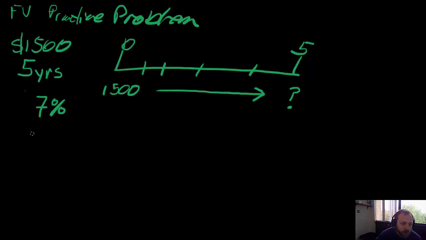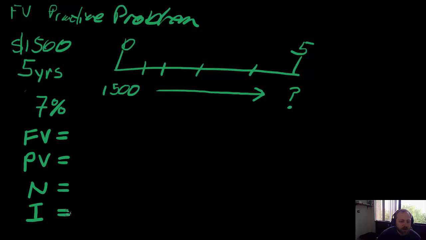What I like to do, almost every time, is come up with my future value or time value cheat sheet. My time value cheat sheet is nothing more than a list of all the functions that could possibly come up on these problems. The first one is my future value, the next is my present value, the next is my N, or the total number of periods, and then my interest rate.